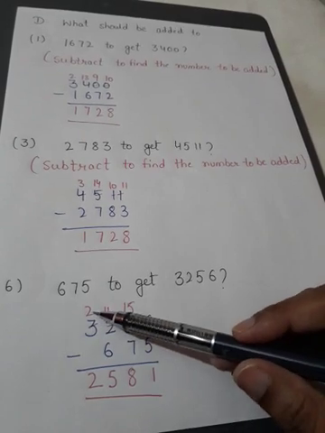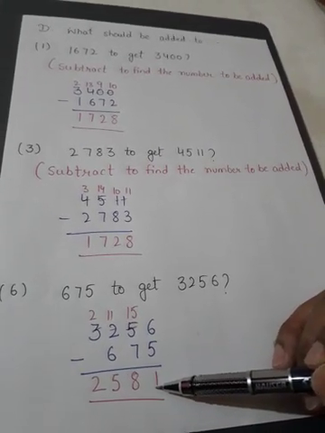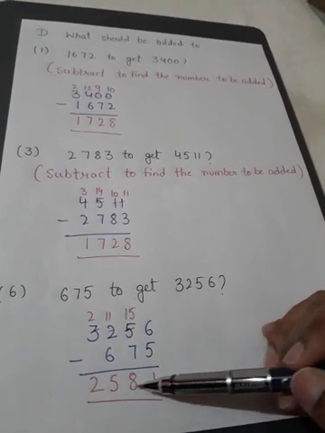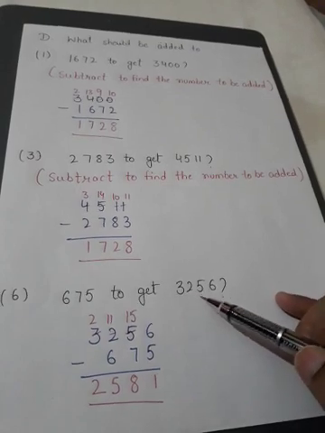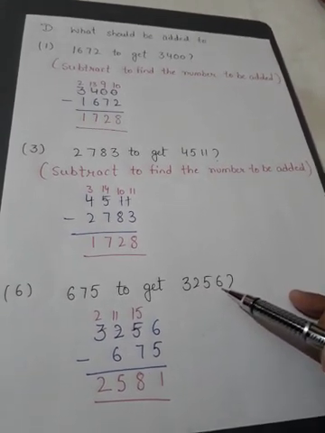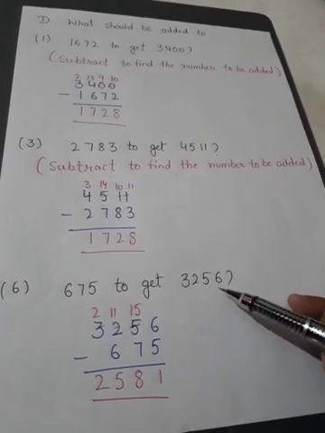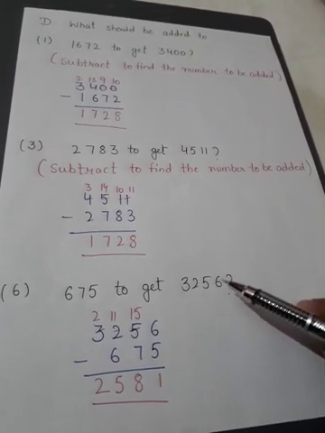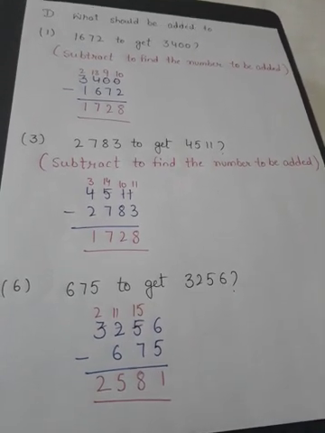Here 3 gave borrow, so 2 left, so 2 as it is. So the answer is 2581. So when we add 2581 to 675, what will we get? 3256. Right, everyone? So what you have to do is practice these sums and complete all the questions in your notebook, and please do more and more practice of these sums.